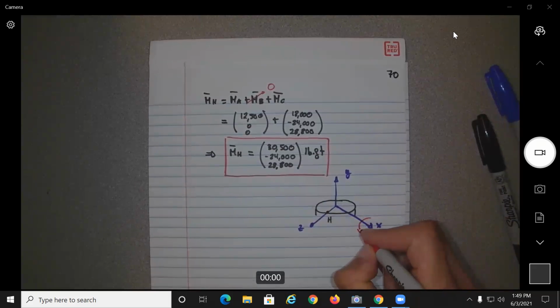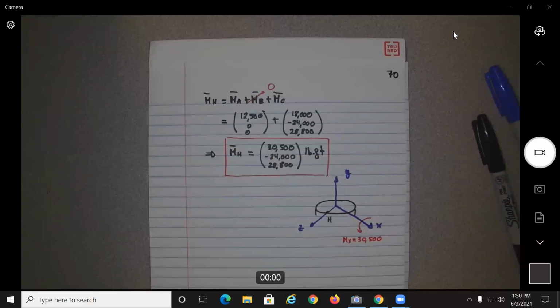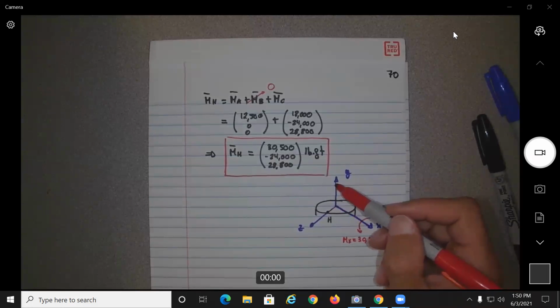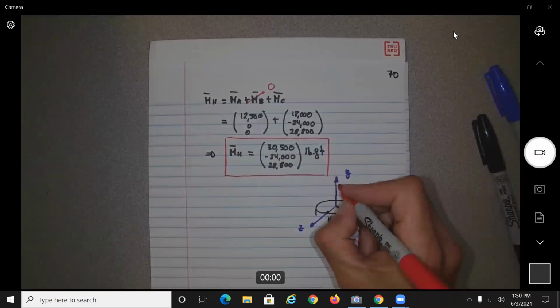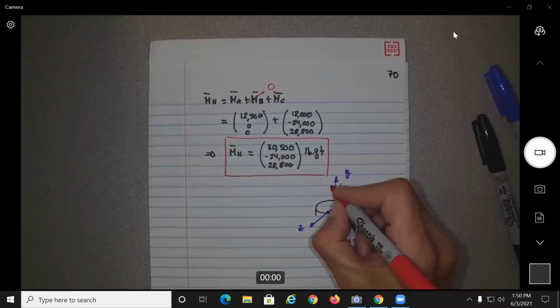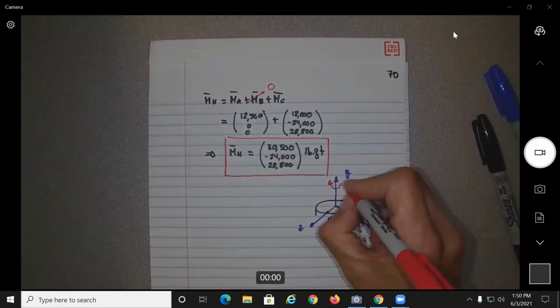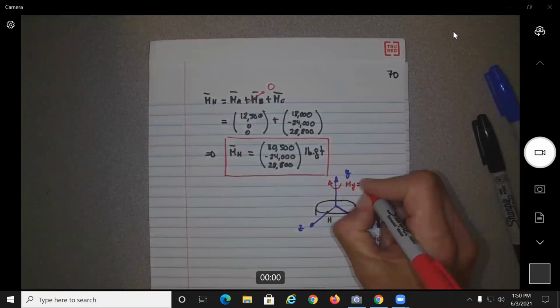So this is Mx, if you want, equal to 30,500. Now, my My is negative. So that means that instead of going counterclockwise, it's going to go clockwise. So this will be my My, which is actually just the torque.